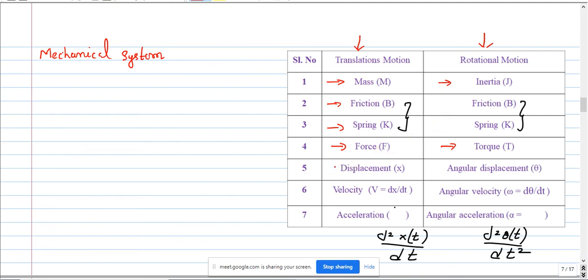Similarly, displacement, velocity, acceleration in translational, whereas in rotational it will be angular displacement, angular velocity, and angular acceleration. Acceleration is nothing but the rate of change of velocity. This table will be helpful for you to understand what happens to the mechanical system when it is subjected to rotational motion and when it is subjected to translational motion.